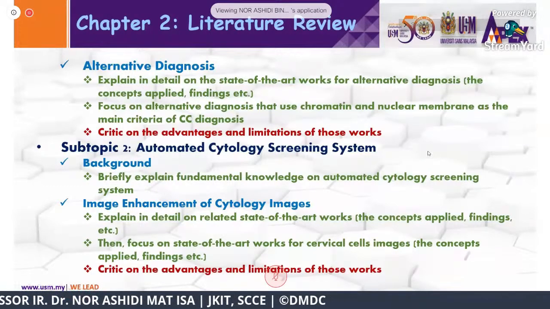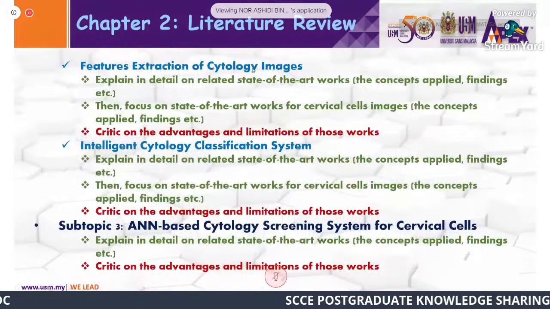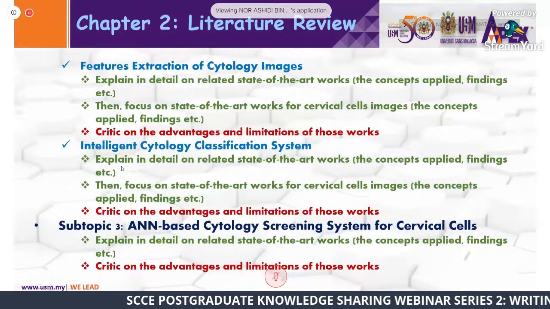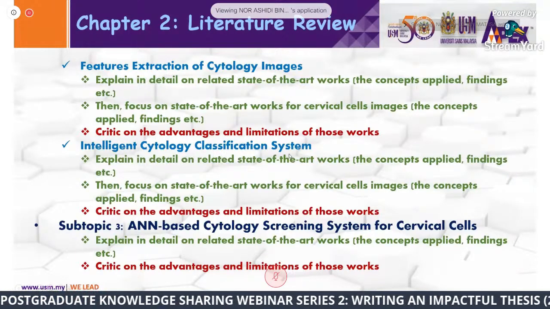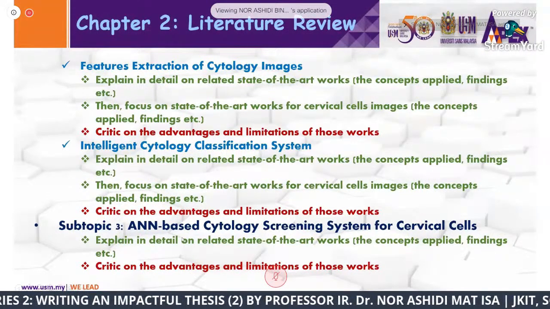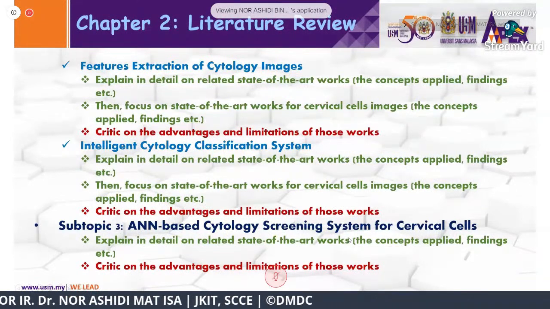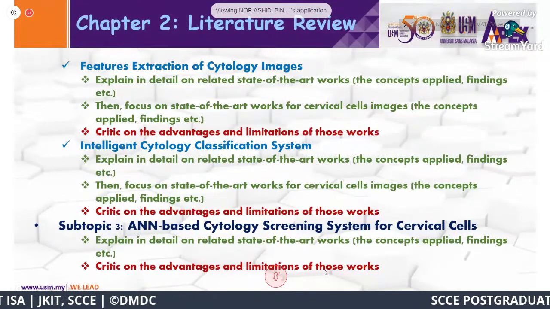Now, you do the same for the feature extraction. You critique the works. Similar to the intelligent cytological system, you critique the works. Similar to subtopic number 3, you critique the state-of-the-art works of the screening system, the existing ones. What are the limitations? They are not automated.